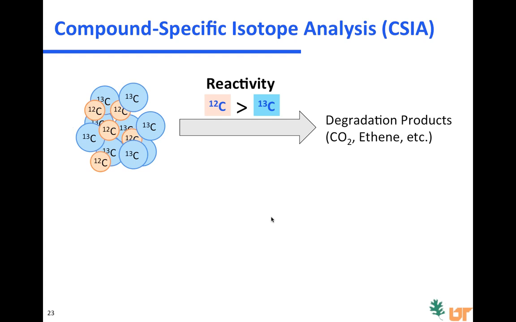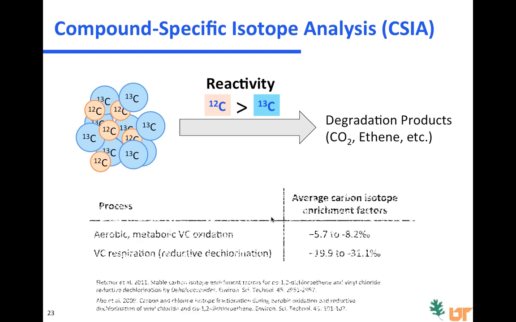Specialized laboratories can measure the ratio of C12 to C13, and they can measure changes over time. So they can come up with enrichment factors of C13. And this has been done for different processes. So for example, for aerobic metabolic VC oxidation and for VC respiration under anoxic conditions, so organohalide respiration, reductive dechlorination.